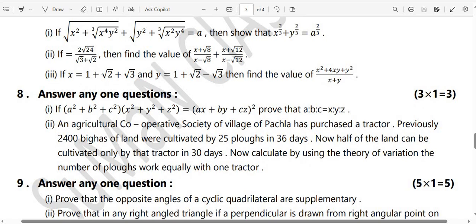Question number 2. An agriculture cooperative society of the village of Fashla purchased a tractor.